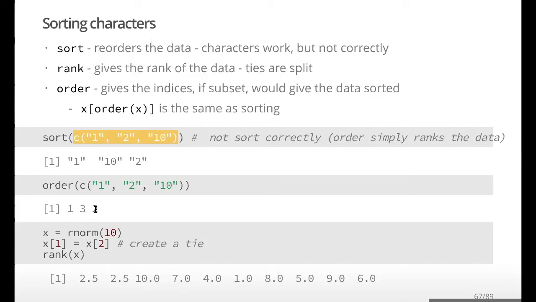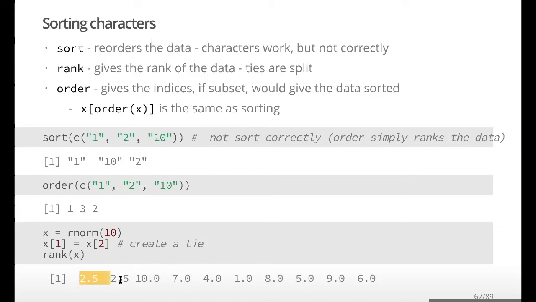So here we are creating 10 random numbers. rnorm is just a random number generator from a normal distribution. And we're just setting the first 2 elements to be exactly the same so we can create a tie. And then just to show you how ranking works. If we rank X, rank this vector, this element is the first element. It's the highest rank.